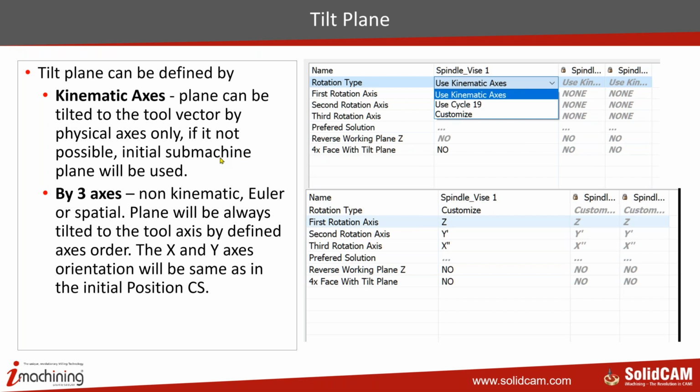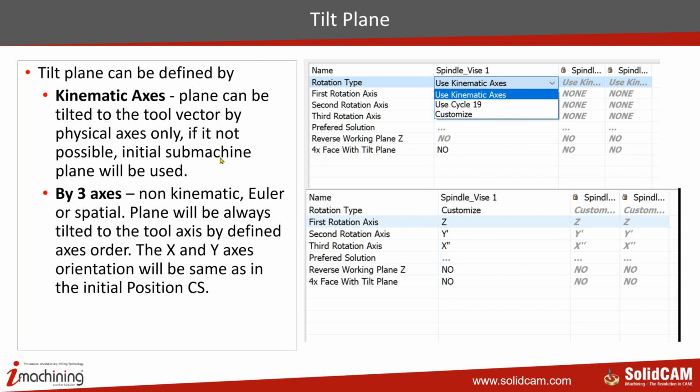It's not only about 2021, it's also the same in the previous version. In new versions of SolidCAM, you can define your routine of rotation of the plane, of the tilt plane, according to your machine. Earlier you controlled it by support angles or by spatial angles, but today you can define any order of axes, any type of rotations.